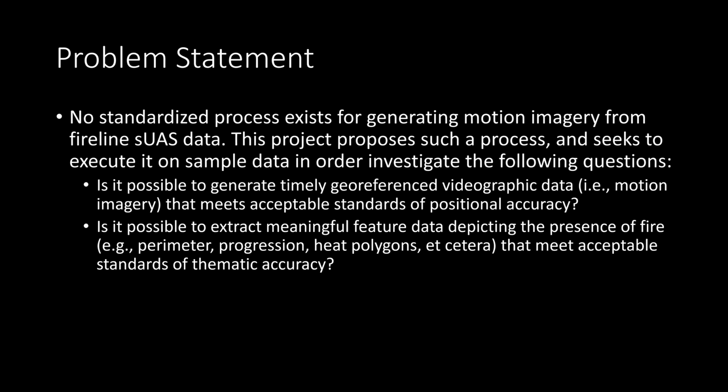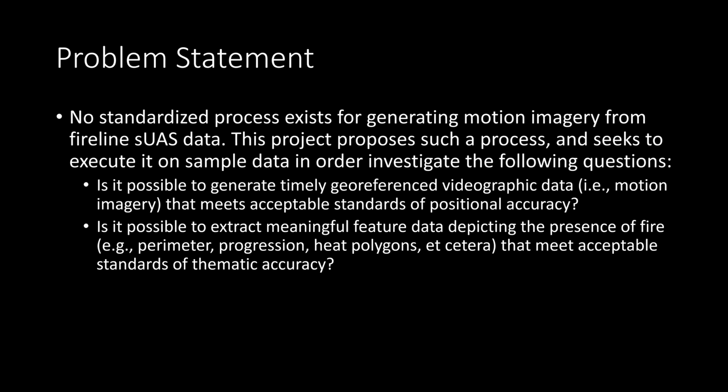So this project proposes a process to do that, and it seeks to execute that process on sample data in order to investigate a couple questions. Number one, can we generate that motion imagery data that meets acceptable standards of positional accuracy? So are we confident that where we're placing something on the map is actually where that feature actually existed in real life?